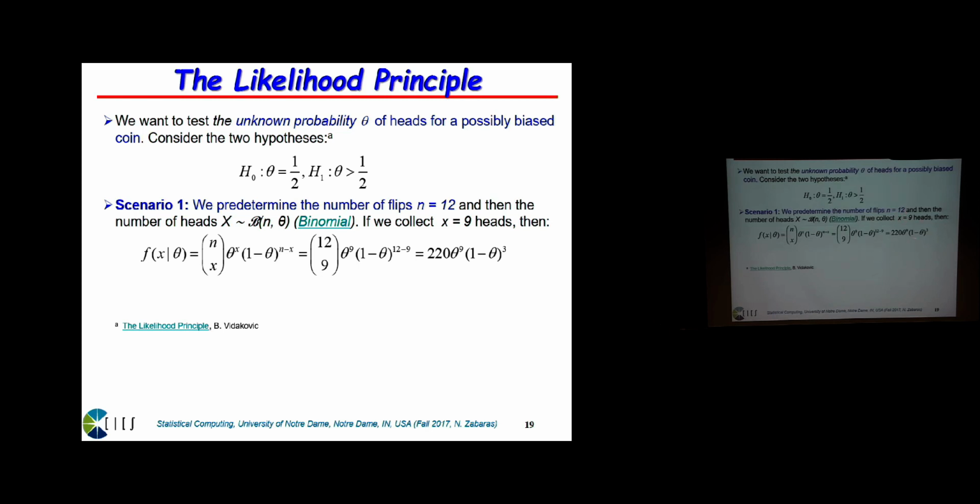So the likelihood looks like that. Everybody agrees? Okay, all right, so out of 12, 9 is heads, so theta to the 9th, 1 minus theta, 12 minus 9. It looks like that.